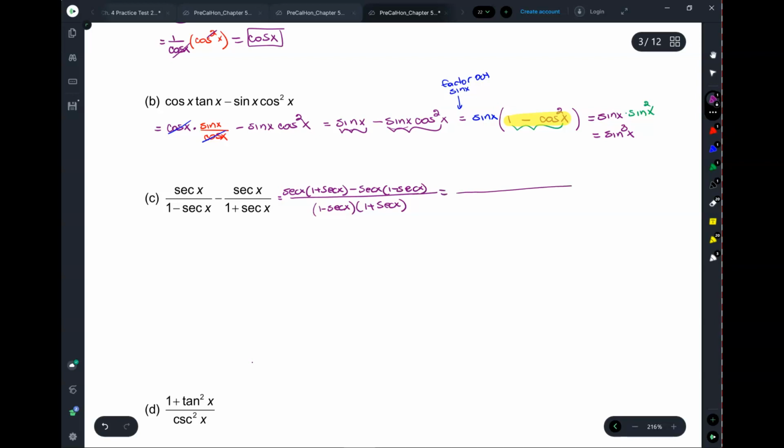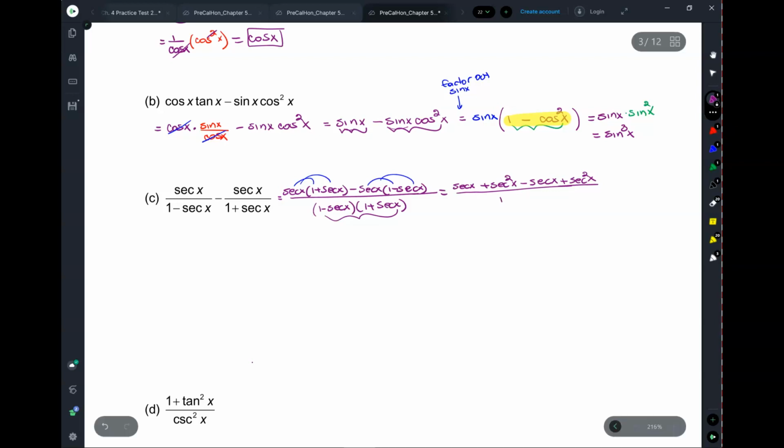Okay, we're going to distribute the secant x now. So I'm going to get secant x plus secant squared x, minus, now I'm going to distribute negative secant x, so minus secant x plus secant squared x, all over this. Look at what I have here: a minus b, a plus b, right?